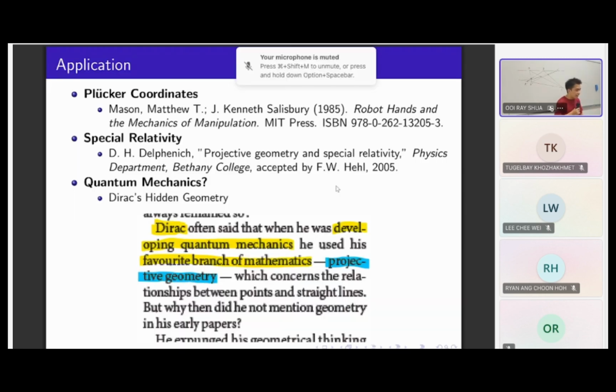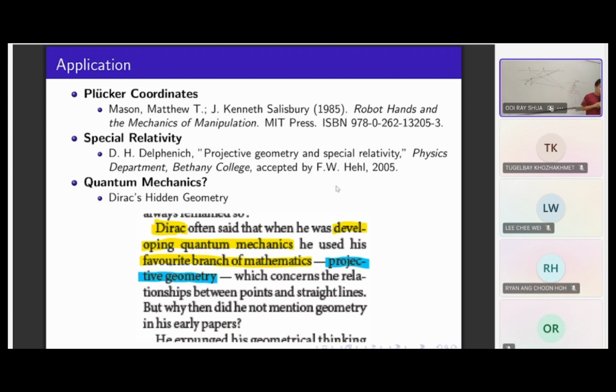But before that, because of the audience, I have prepared applications. Surprise! In fact, I was also quite surprised. First one, Plücker coordinates. Probably will go into more detail next week, but Plücker coordinates is used in robotics.